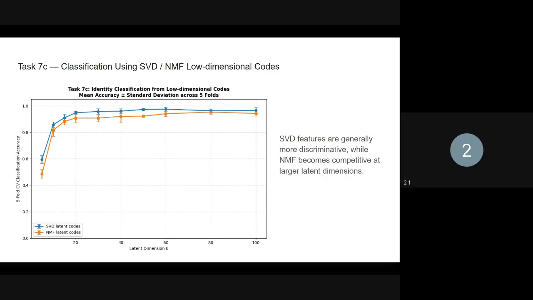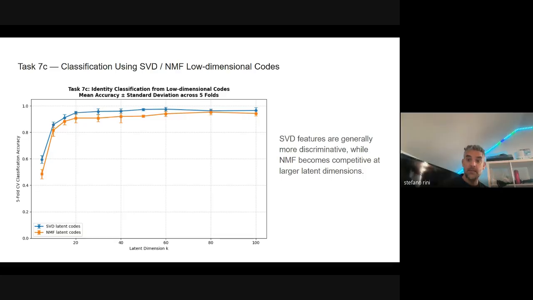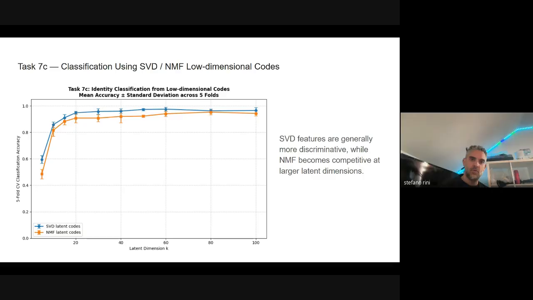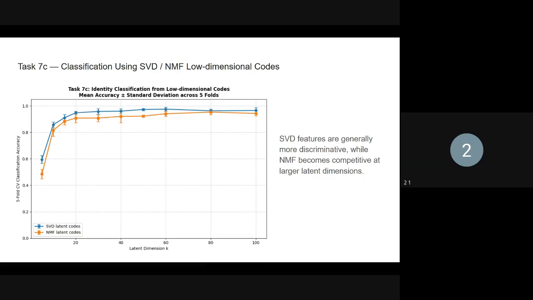I think that's all. That's it? Yeah. I didn't do task 7D. What was the 7D? It asks us to compare between the faces and other images, like handwriting. Yeah, MNIST.